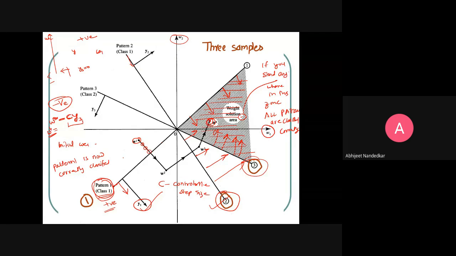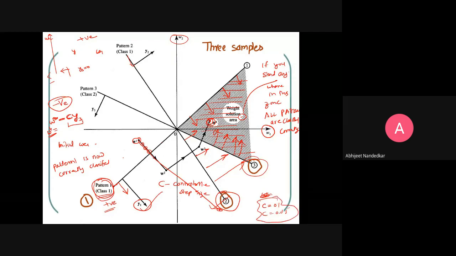If C is very big, you can jump from this position to that position, which should not happen. So you should have a moderate value of C so that the step size is controlled properly. Generally we keep C of the order of 0.1 or 0.05.